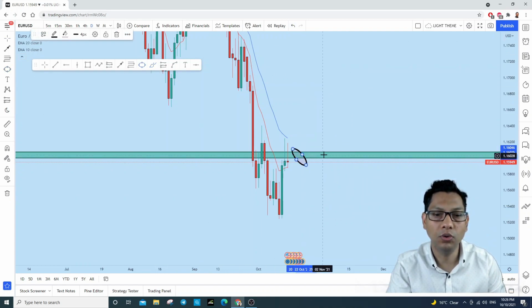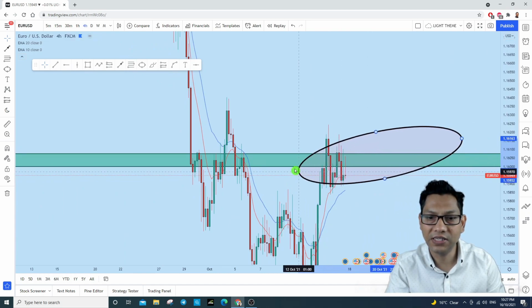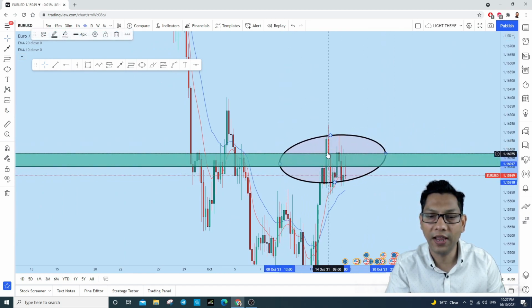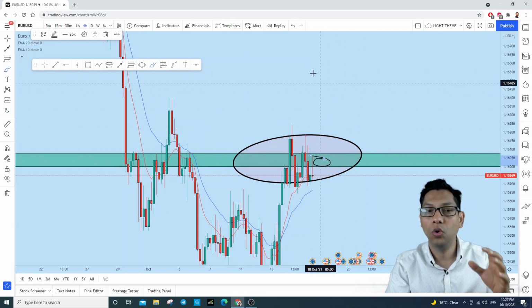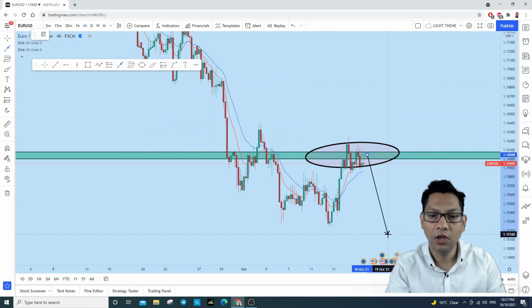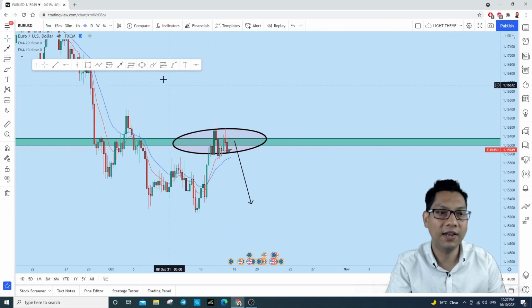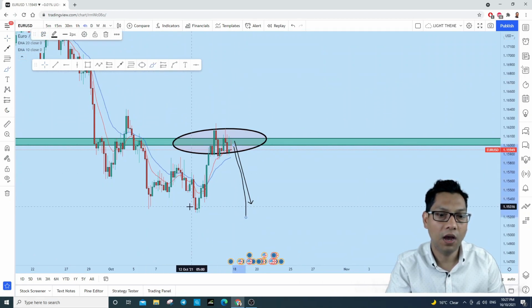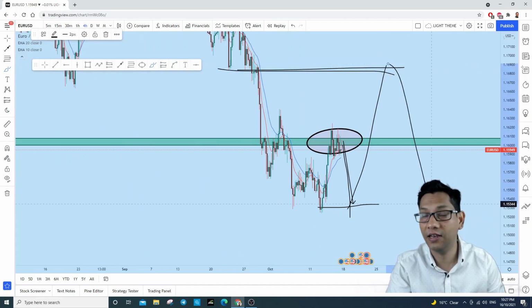From here we will take a short trade based on the 4 hour with our students. As you can see on the 4 hour, the price is lowering every time it creates a lower high. So in the new trading week, when the price comes to this area, we will go for a short with a very good risk to reward ratio, and our target is here, because at any point after this drop from this zone we might see a rise to test this level and then a drop.